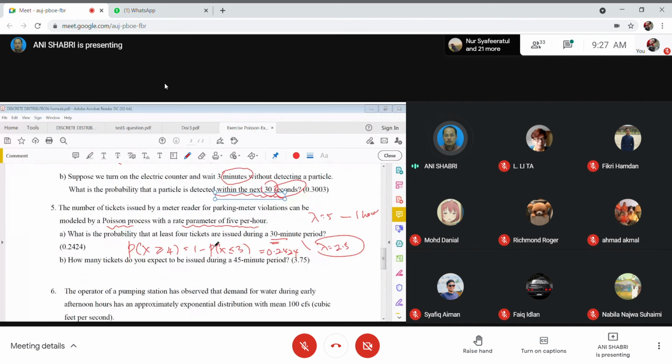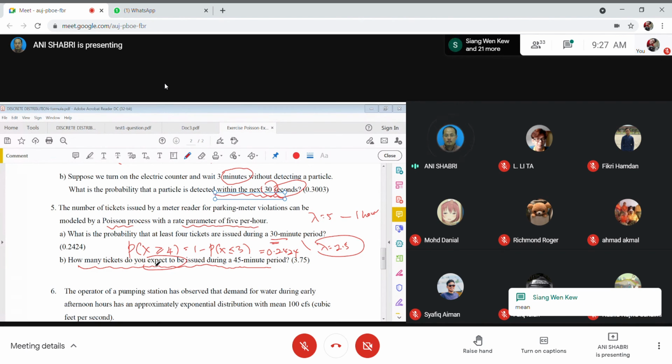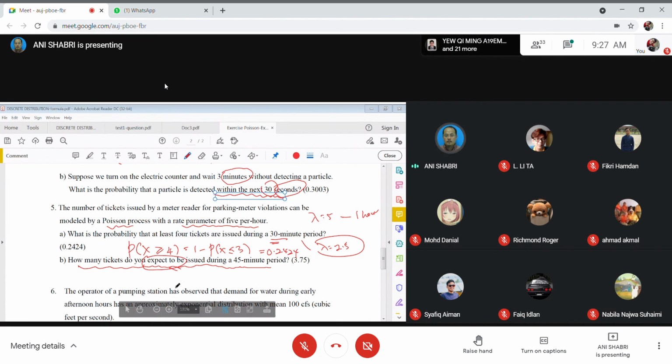Okay, this one, number B. How many tickets do you expect to be issued during 45 minutes? Okay, expected. What do we want to find? Expected. Okay, when you see the word expected, it is equal to the mean.